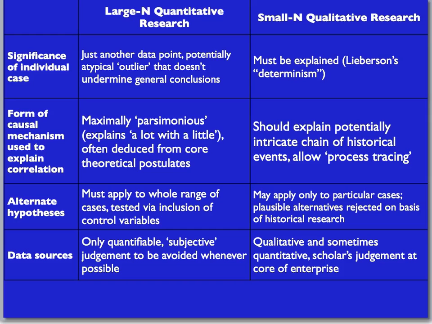But in small n qualitative research, there's no way of getting around the fact that the scholar's judgment is at the core of the enterprise. One has to select from historical materials, one has to build historical narratives, and these things require a kind of substantive judgment that you can't reduce to a recipe.